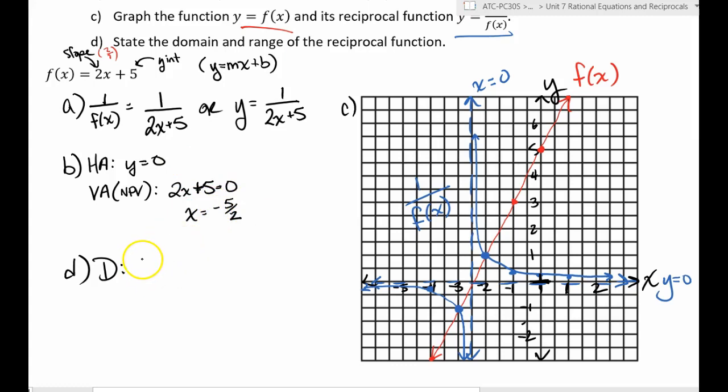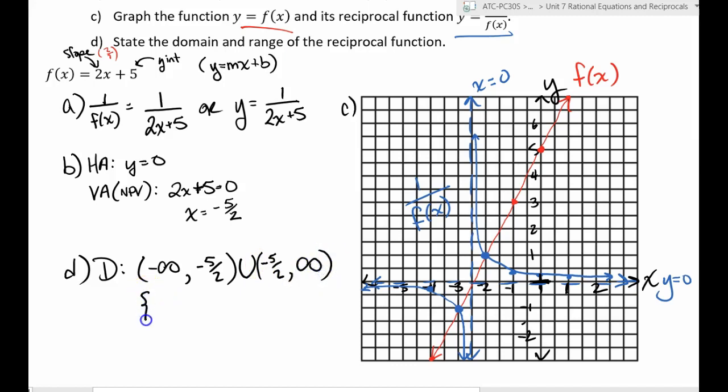So if I want to use interval notation, I'm going to go to negative infinity because I can still go left forever, but I have to stop at negative 5 halves. Because there's no point there, I use a curved bracket. I can then signify that it continues on the other side of negative 5 halves, and it goes to positive infinity.